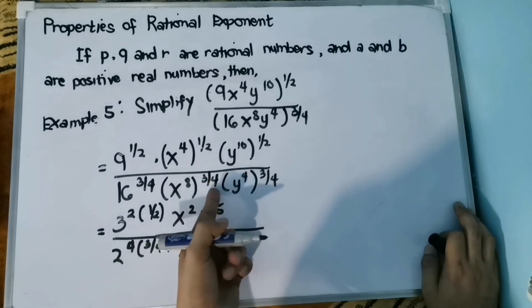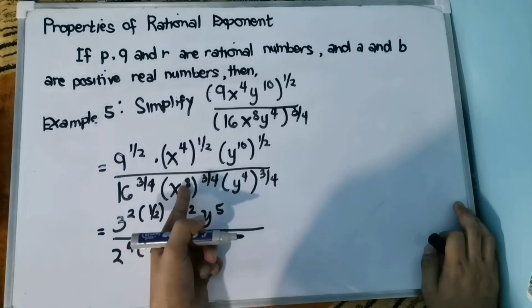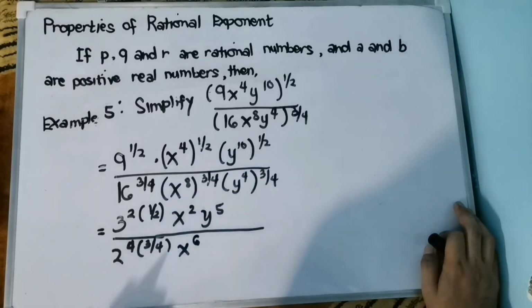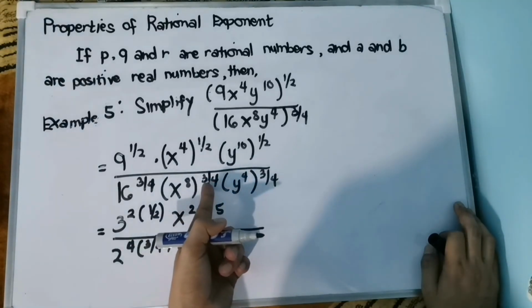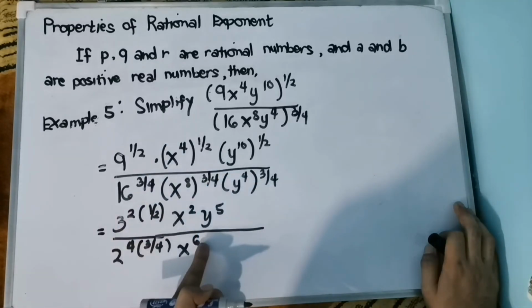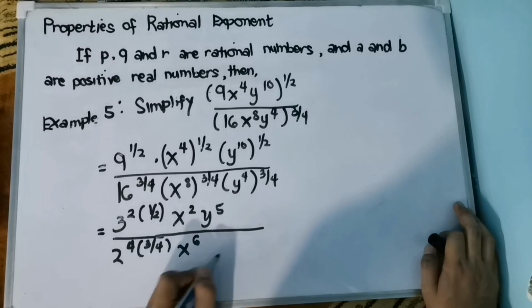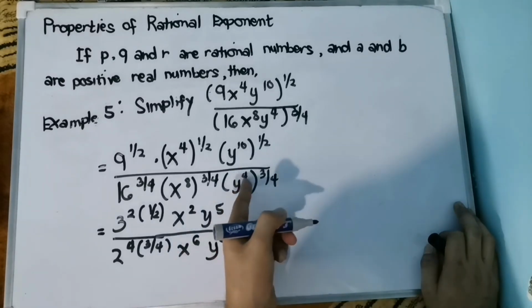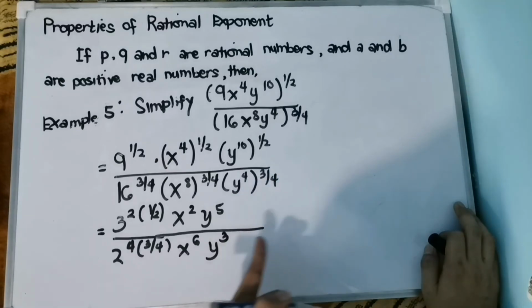So, pwede tayo dito gumamit ng cancellation. So, yung 8 divided by 4 is 2. So, times 3 is 6. O kaya naman, 8 times 3 is 24. So, divided by 4 is 6. And then, y, cancel na yung 4, so matitira ay 3. Or kaya naman, 4 times 3 is 12, divided by 4 is 3.